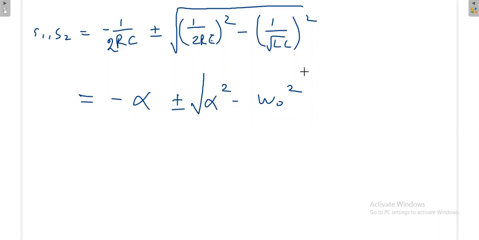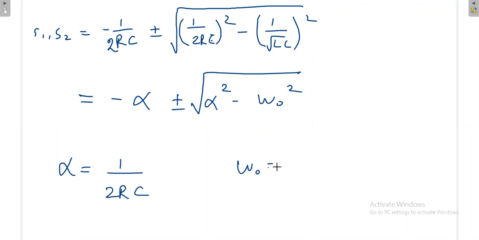So all the formats are the same. Same format we are getting, but only the alpha value is different. In the previous case we got alpha as R by 2L, but in this case we are getting alpha as 1 by 2RC. That is the only difference.